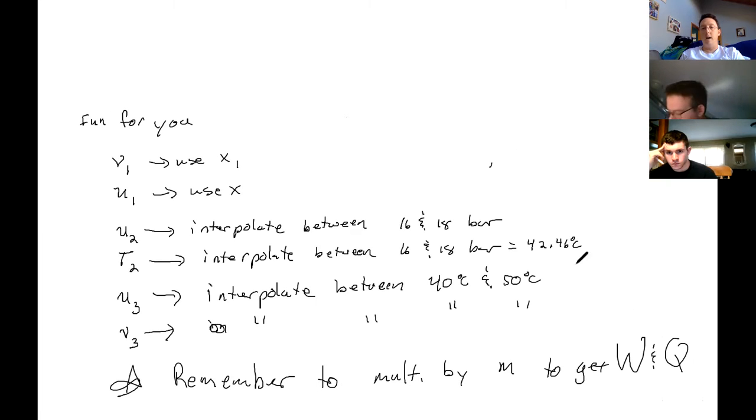Okay. So what I use is I identify what I want and then what property I know. So like in that example, let's say this one, to get U3, for example, where the temperature is 42 and change.